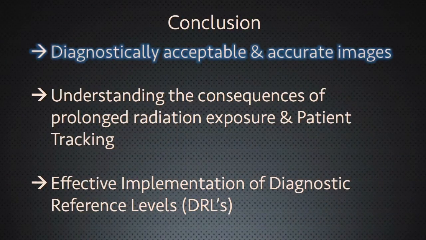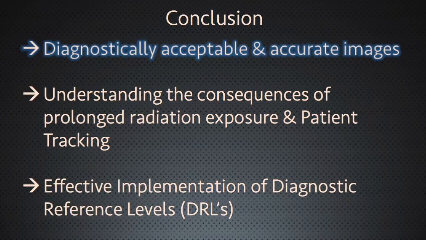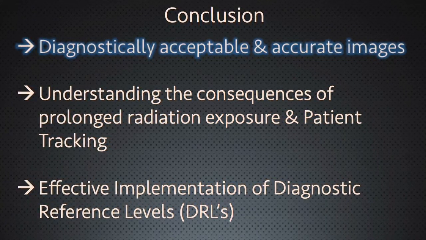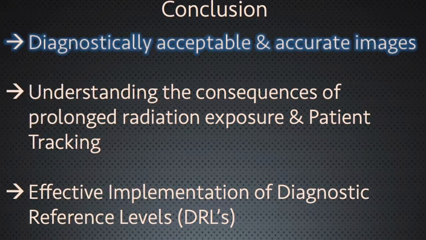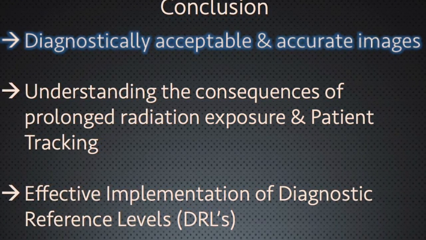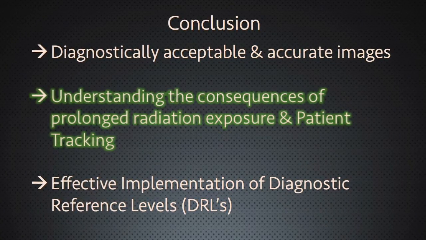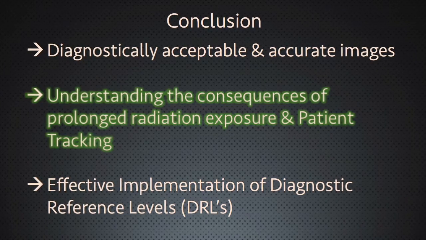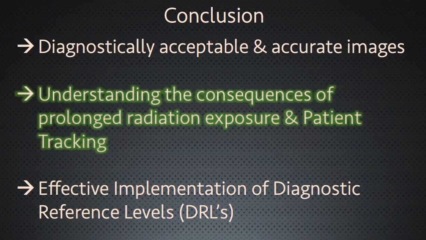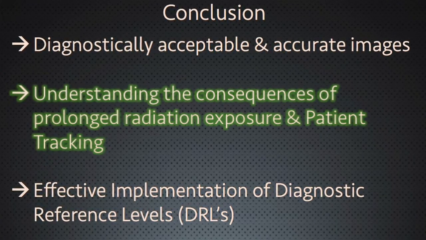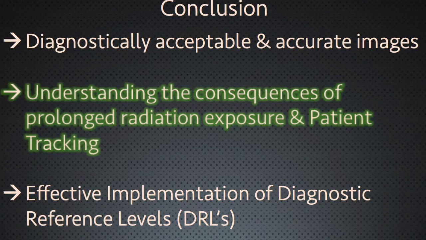The central message for this presentation can be divided into three important ideas. Firstly, that advances in radiologic technology have enabled radiologists to derive diagnostically acceptable images whilst minimising the dose to as low as reasonably achievable. While understanding the consequences of long-term stochastic effects due to unnecessary radiation exposure, most likely a result of ineffective patient dose tracking, and as Dr. Richard Smart put it, inappropriate ordering of tests when there may be another test that's more appropriate for the patient.